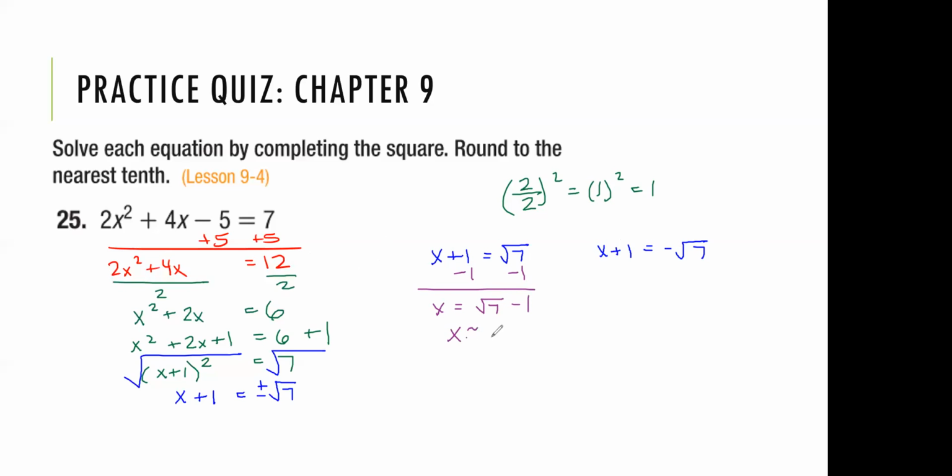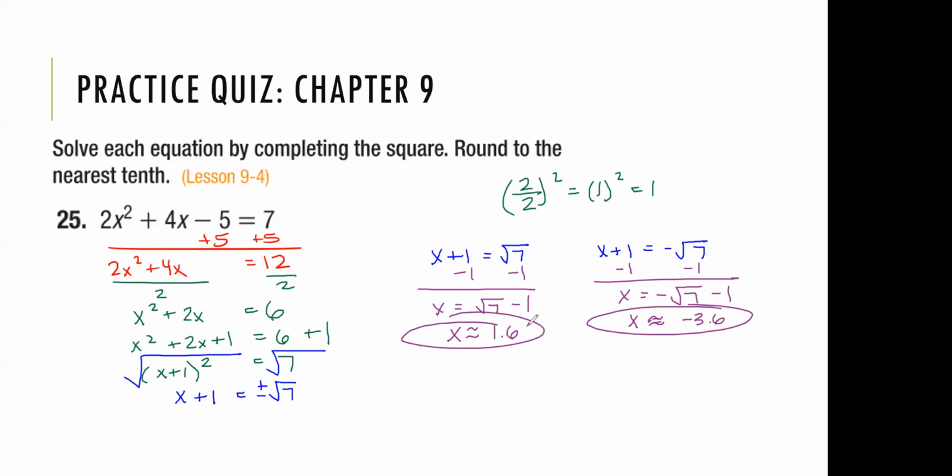Put that in the calculator, and you end up getting about 1.6. And then over here I would subtract 1, and x is equal to the negative square root of 7 minus 1. Put that in your calculator, and you end up getting about negative 3.6.